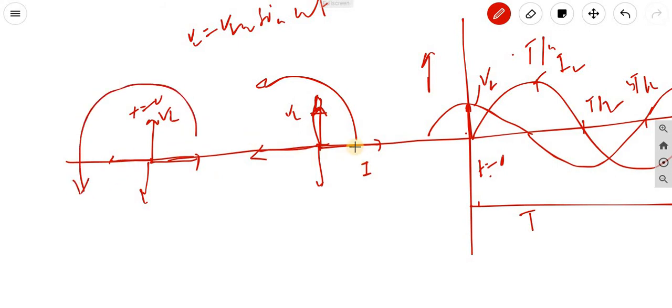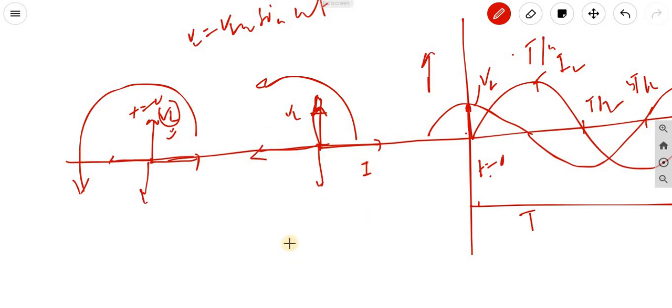But for the current, t equal to 0 was here in this direction, while at t equal to 0 the omega L gives VL, because the instantaneous position would be here. But the RMS value would be the same and it would be rotating in this way.